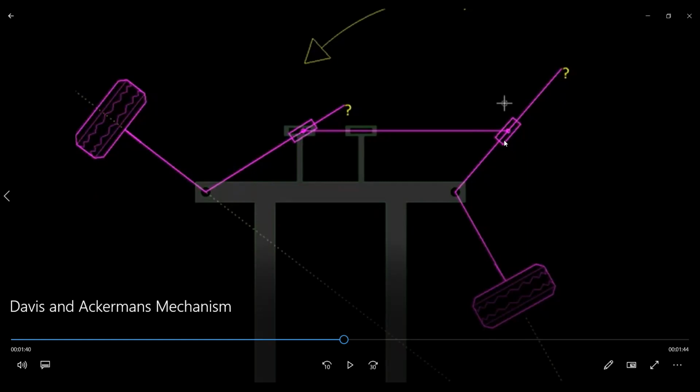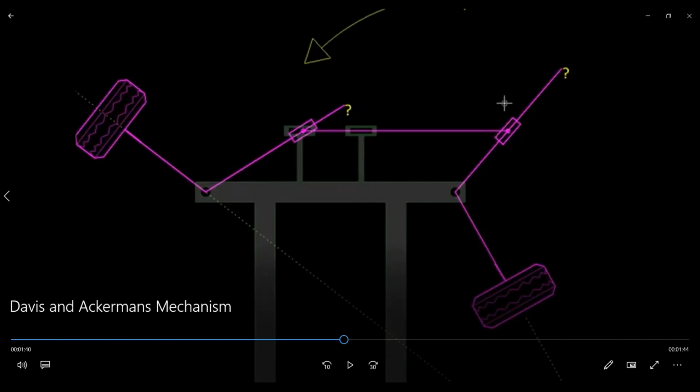Similarly, this point C is also sliding over this. This rod is sliding here in these guides. So because of this sliding motion, the parts will wear out soon, and as they wear out, they will lose their accuracy, and after that it will start making problems, because the parts will not be accurate, and the condition of correct steering will not be satisfied.